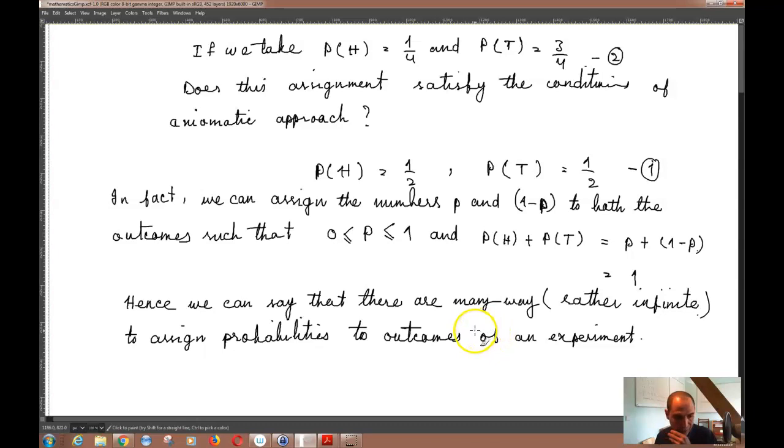Now let's consider some examples here and see how this is actually used, because so far I have understood the material logically, but I don't know where it's taking me. So let's do some examples.